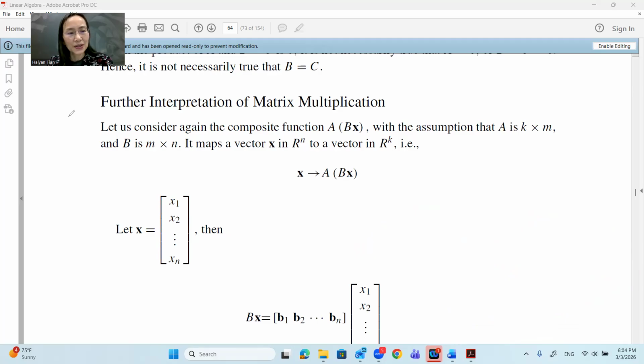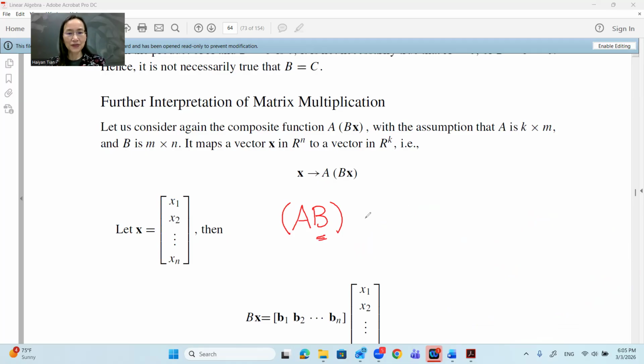Because of that concept, we can look at such a matrix. What is the matrix that defines this composite map?